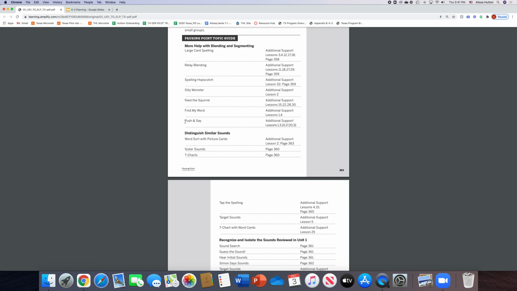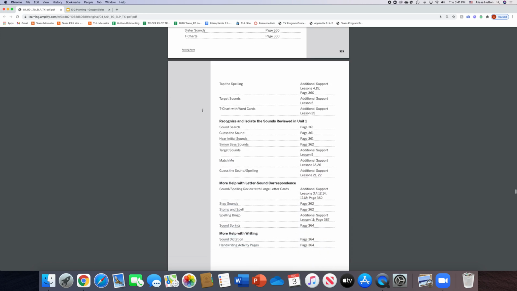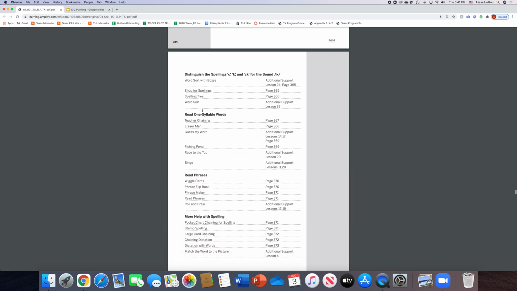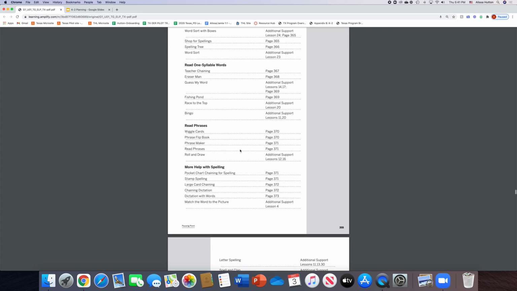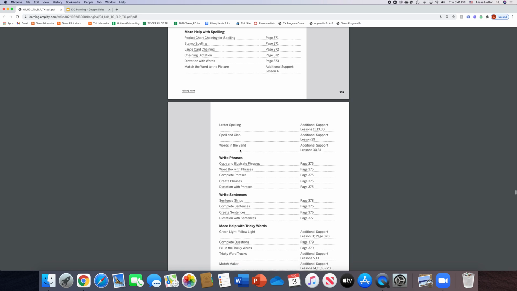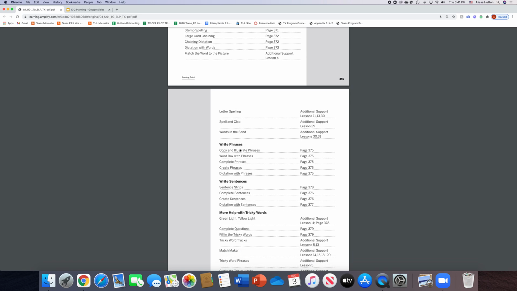As I said, you may use some of these for whole group, some of them for small group, and some for individual student needs. In the same light, I may have students who are struggling reading one-syllable words. So there are several different pausing point activities that are included that I can choose from. It's important that you spend time going through this pausing point section, pulling out those particular activities that you want to use in the unit.